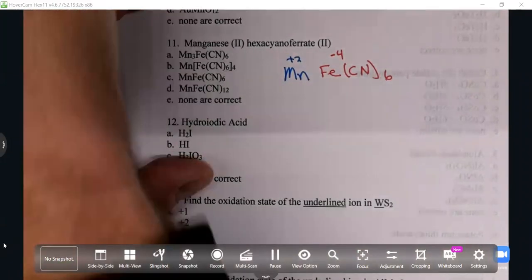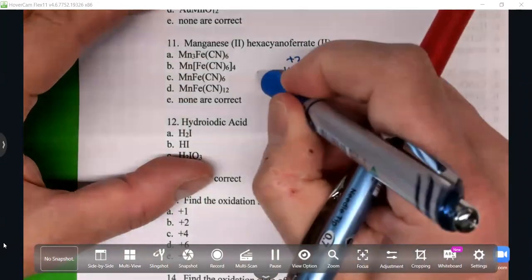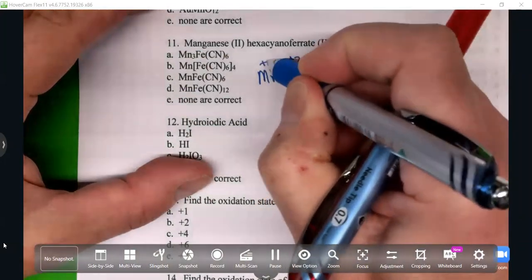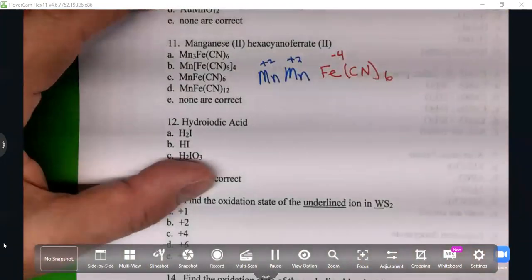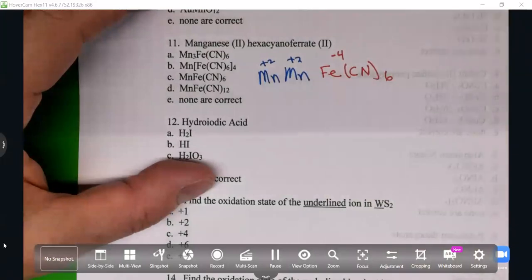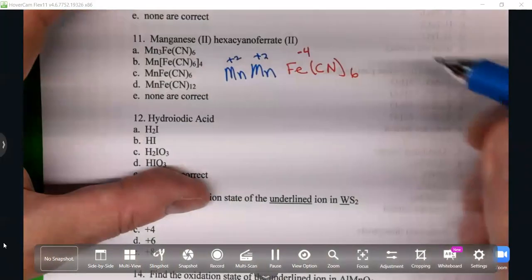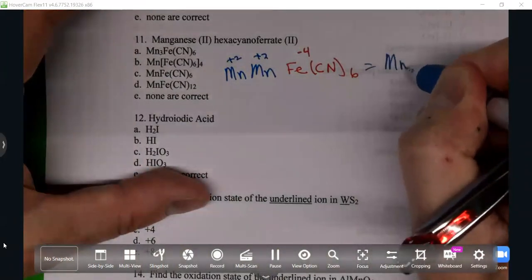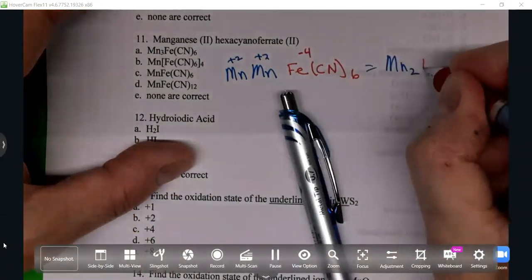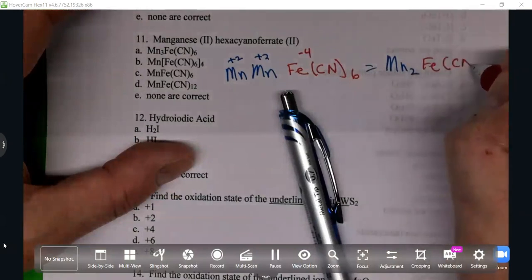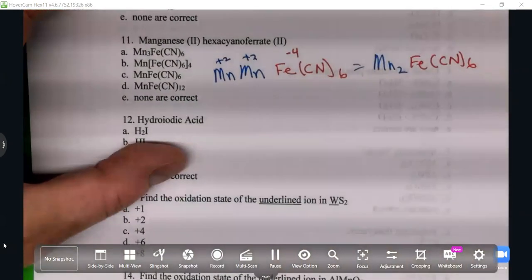Therefore, if that's a -4, we are going to need another manganese 2. And for a formula, we would end up with Mn2Fe(CN)6.